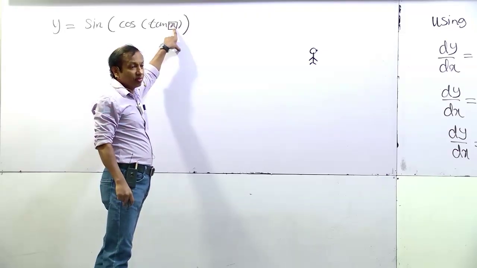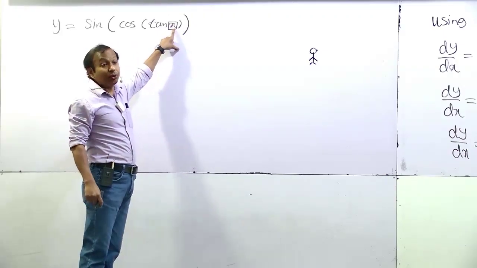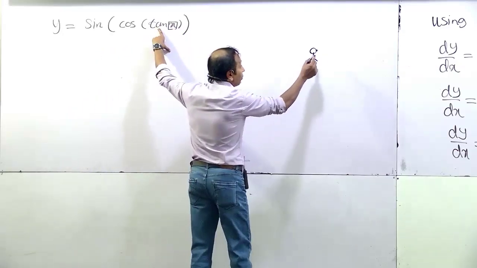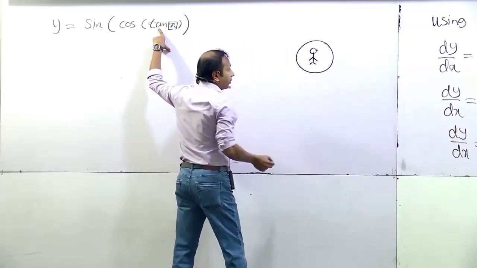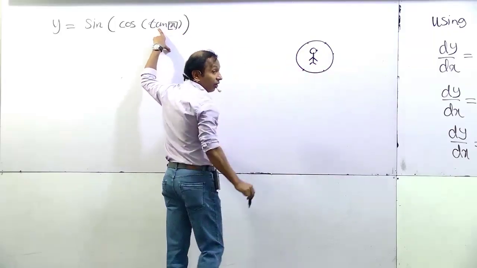Not only that, she is given security. This tan means the first security ring. Soldiers are placed here. On this ring, there are some soldiers carrying weapons. Why?